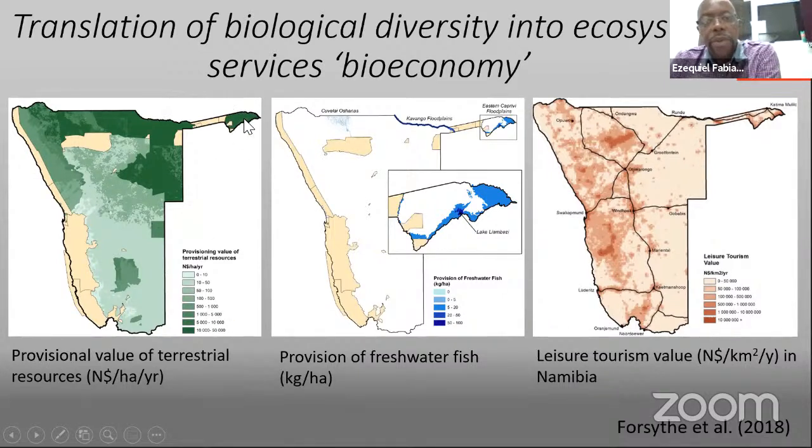You can see, for example, that the Zambezi region, or the stretch to the east, has a high provisional value. Similarly, it is also an area with a high provisional value in terms of fresh water, in kilograms per hectare. In terms of tourism and leisure, you have a much more spread distribution of the value across the country. But again, you can see that here in Katima Mulilo, the stretch is also an area of high tourism value.